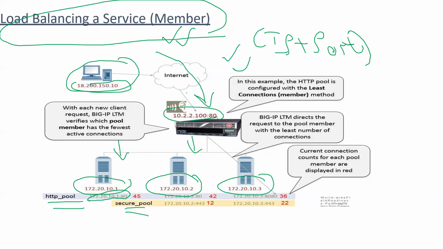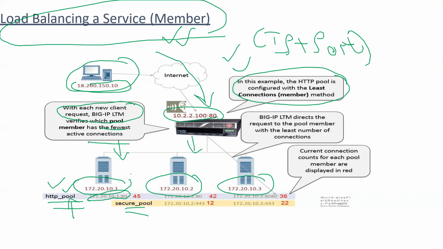In this example, let's take that the HTTP pool is configured with the least connection member method. We are talking about the HTTP pool only. When a client request comes, BIG-IP LTM will verify which pool member has the fewest active connections in the HTTP pool.